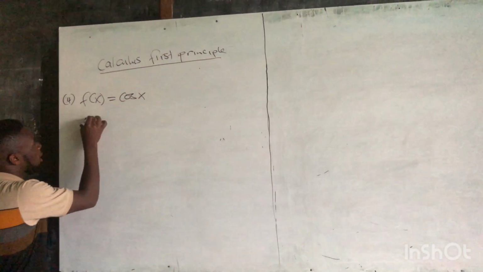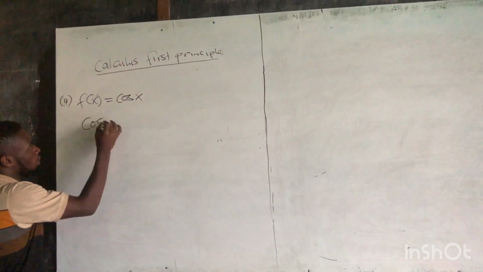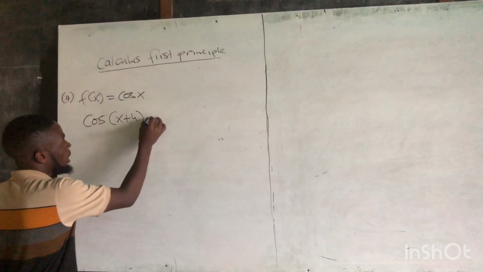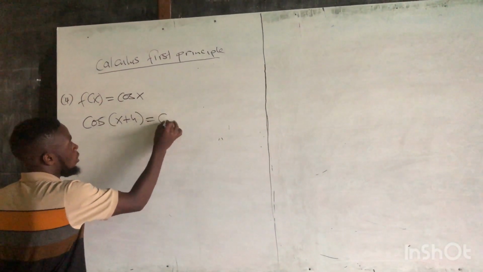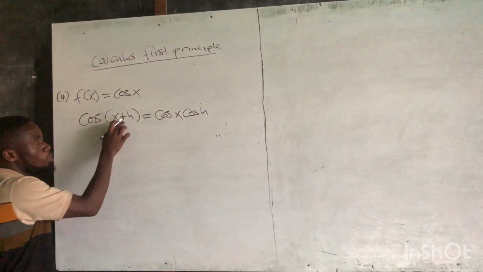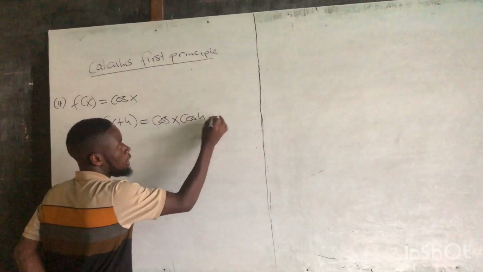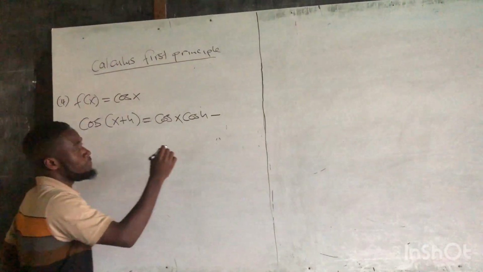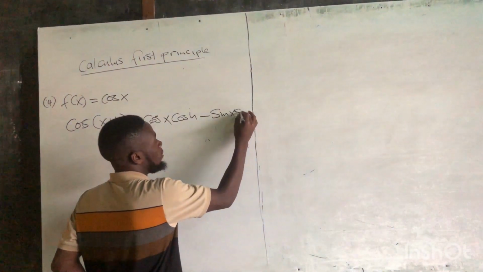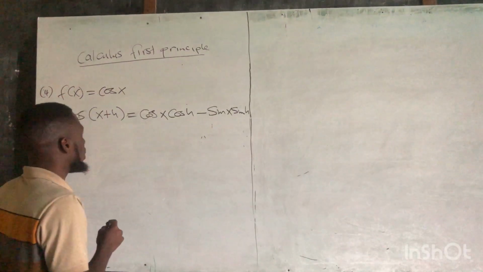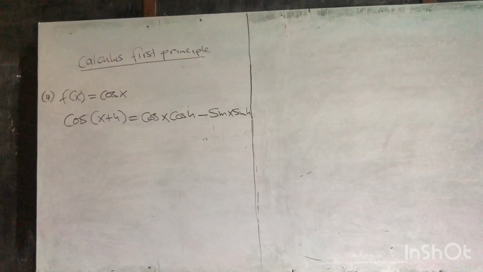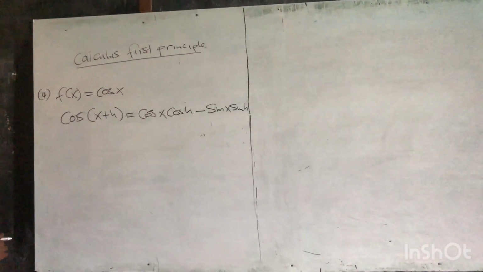So if you have cos of x plus h, this can be written as cos x cos h, and because we are adding, we put the opposite sign, which is minus, then sin x sin h. So this is the formula for cos of x plus h.